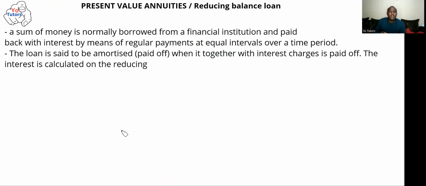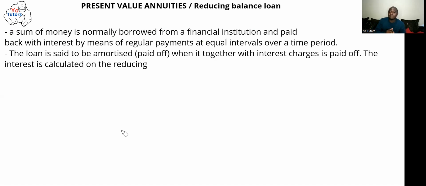Now, we need to understand what present value annuities, or a reducing balance loan, are. You take a loan and you need to pay it back in regular payments, which are consistent. Regular payments can be monthly, half yearly, or weekly, but you are paying it back.